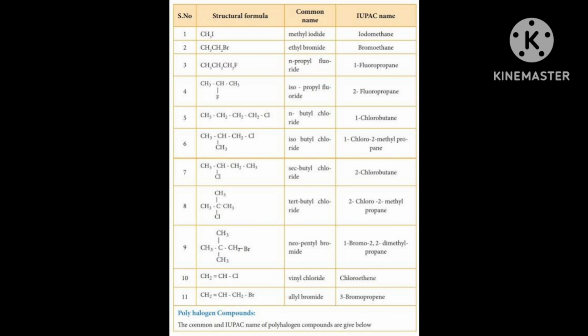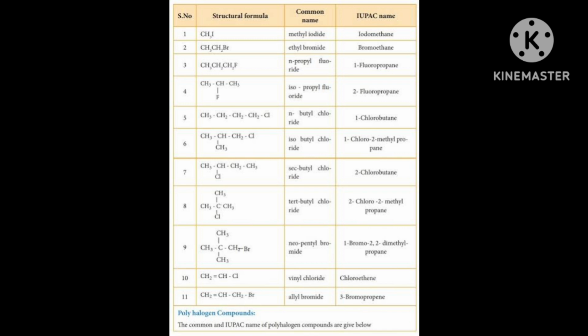Then obviously the central carbon is attached with 3 carbons. Then it became tertiary. Now total carbon is 4, 3 CH3, 1 center. Total 4. Then it will become butyl. Then tertiary butyl bromide. The common name is tertiary butyl bromide.